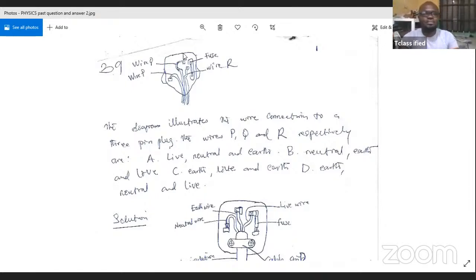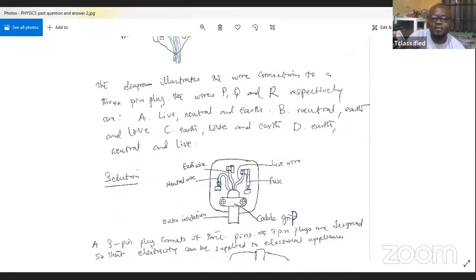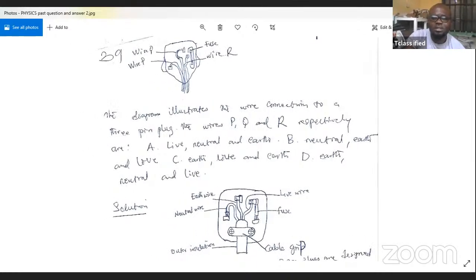Okay. So this is what I could sketch from what was given on the Q&A. But this is the actual diagram of a 3-pin plug. So you can see that the one by the left is always the neutral. The one at the middle is the earth. Whereas the one that is connected to the fuse is the live wire.